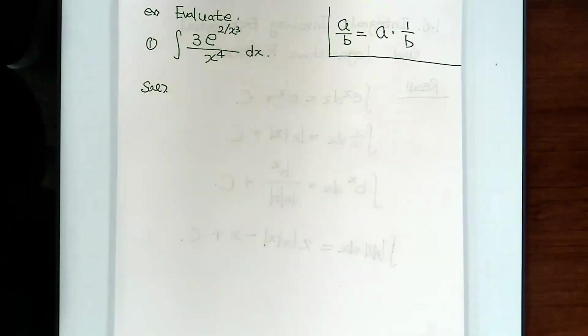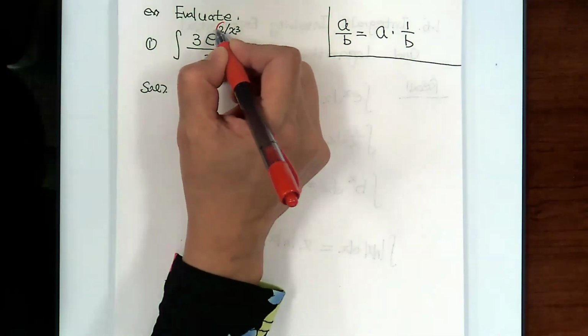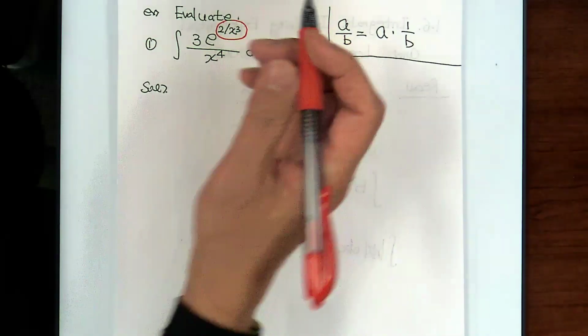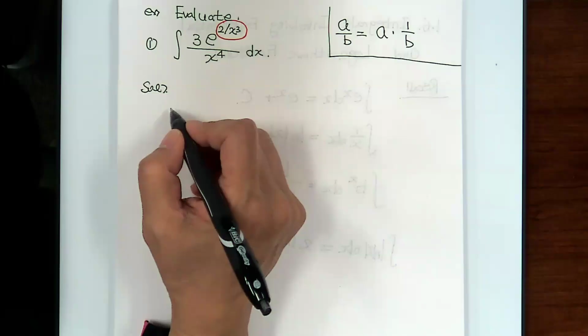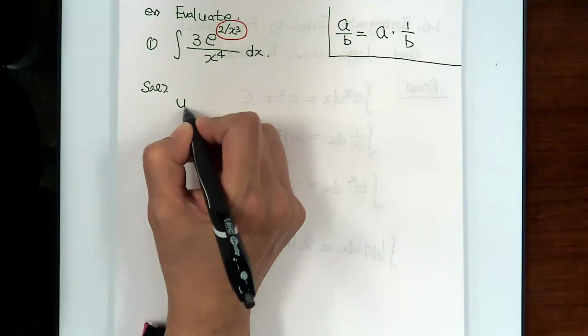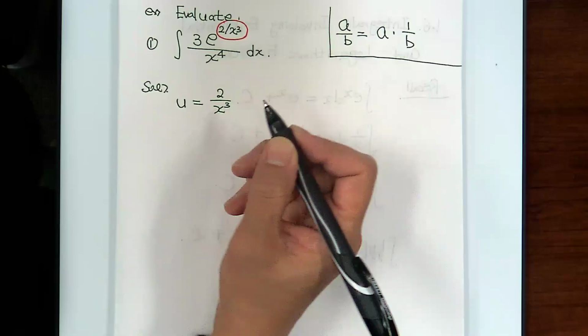Obviously, if we differentiate this one, then we will have 1 over x to the 4th power as one of the factors after the differentiation. So we will decide to place u equals 2 over x cubed.